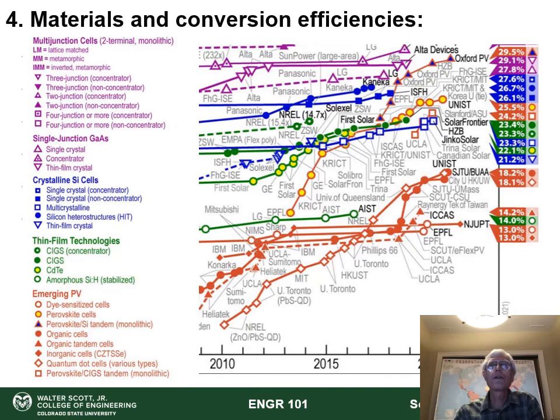Instead, let's focus on the technologies that are in the lower right, and here you can see these in greater detail. Cadmium telluride is a green circle that has yellow inside of it, and that is the technology that's been developed at CSU, and you can see how much that has improved between 2010 and currently.